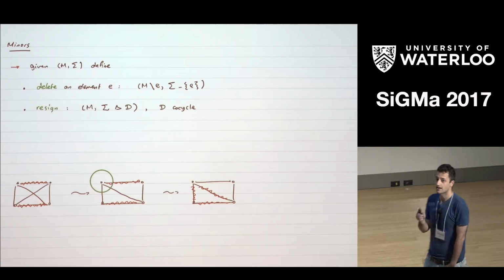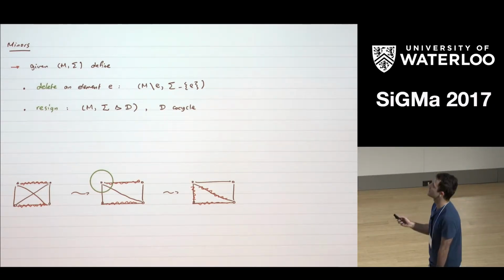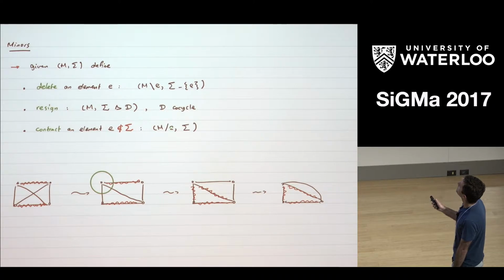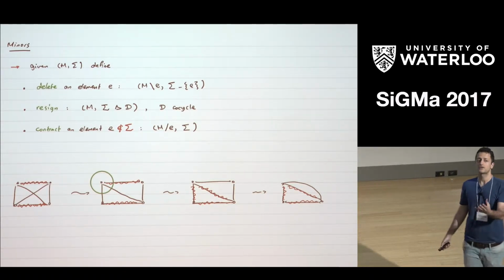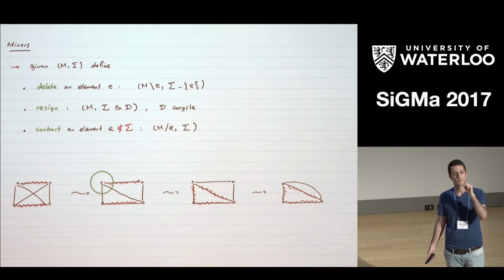You can only contract elements outside the set sigma, or you can only contract even elements. That just corresponds to contracting the element in the matroid M, and then sigma remains unchanged. So here I contracted this element, and I got this. If you would like to contract an odd element, first you have to resign and make it even, if you can, and then you contract it.